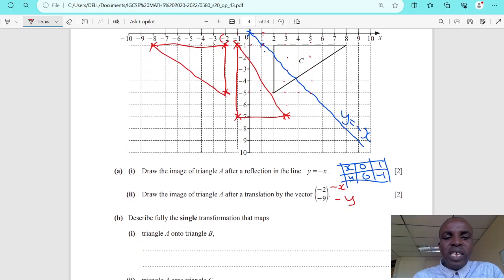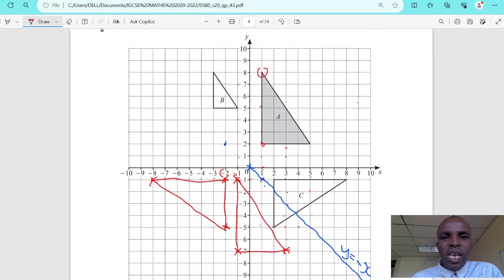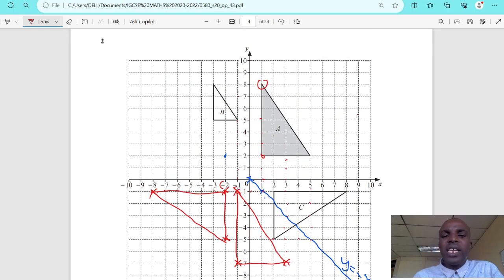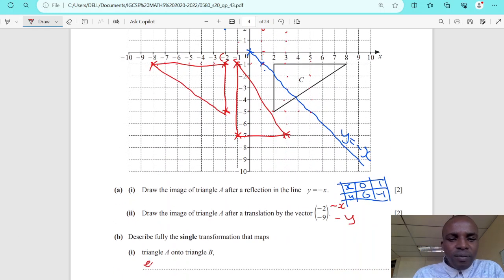Next, describe fully the single transformation that maps triangle A onto triangle B. A onto B. Check on size, it is different, so that's an enlargement. So you write enlargement.